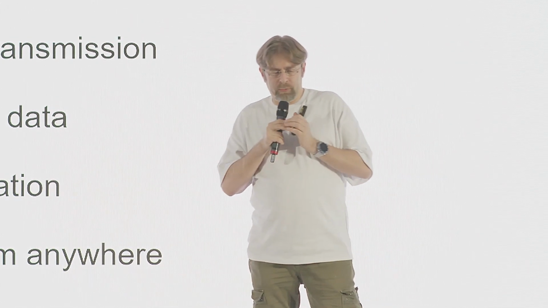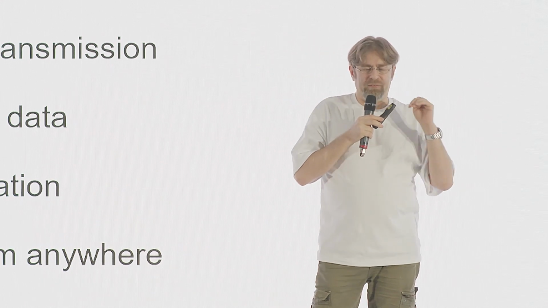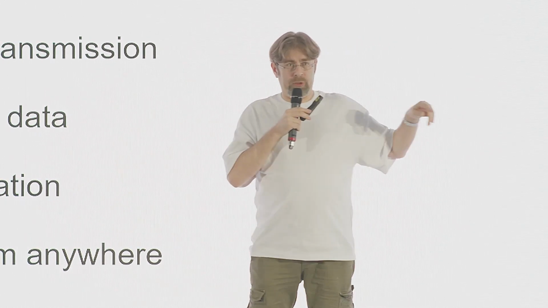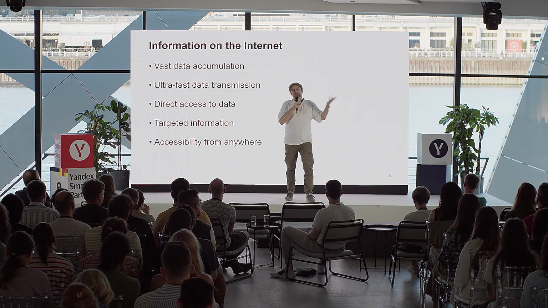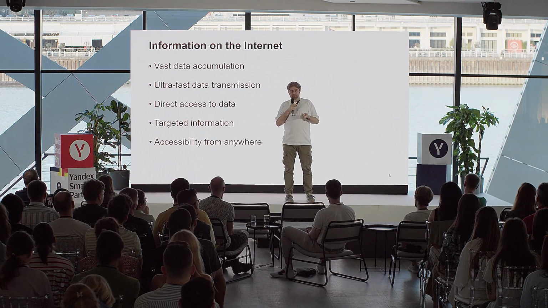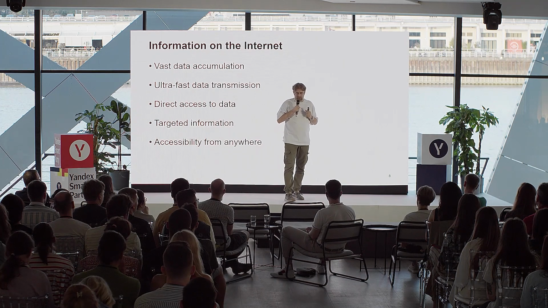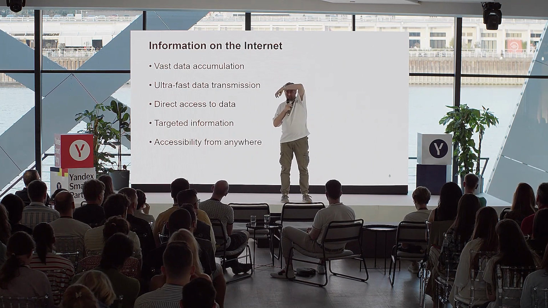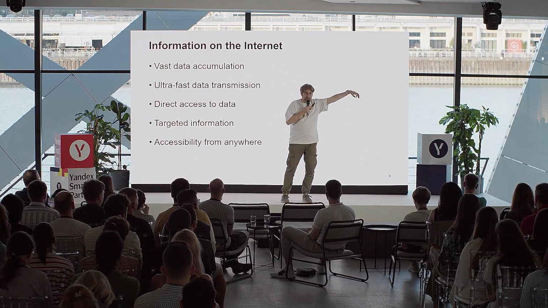The second very important point is very fast, ultra fast data transmission. For example, if we talk about scientists, before the internet, information went from one scientist in one country to another scientist in another country in several months. Sometimes it went in eternity.